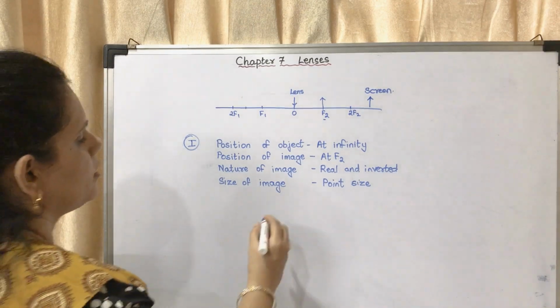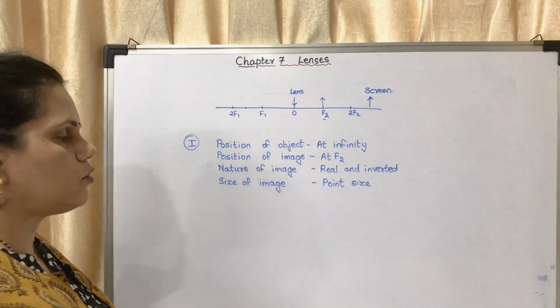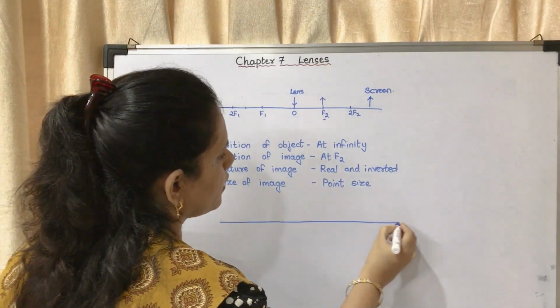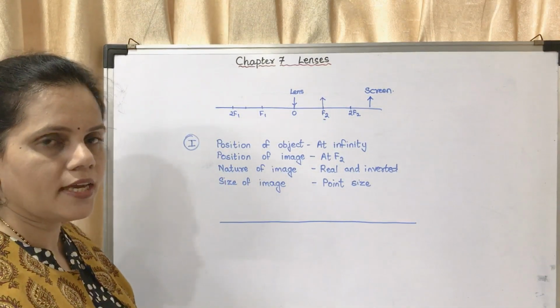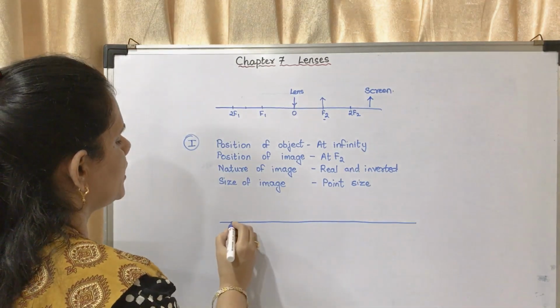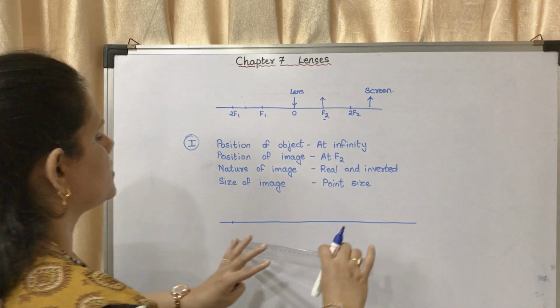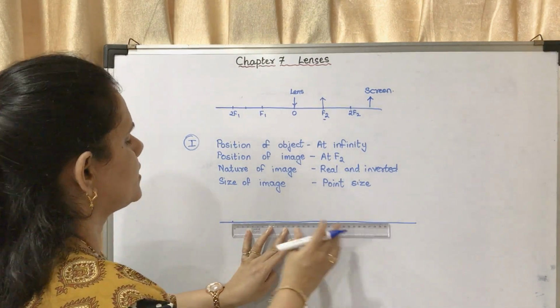Here while drawing the ray diagram, you have to draw a straight line first. Then you have to keep the 0 of the scale here, and keep the scale like this.